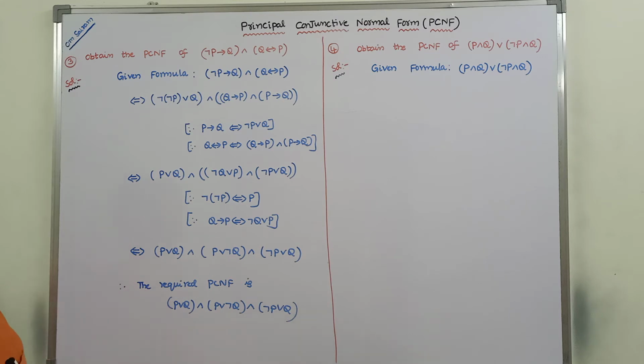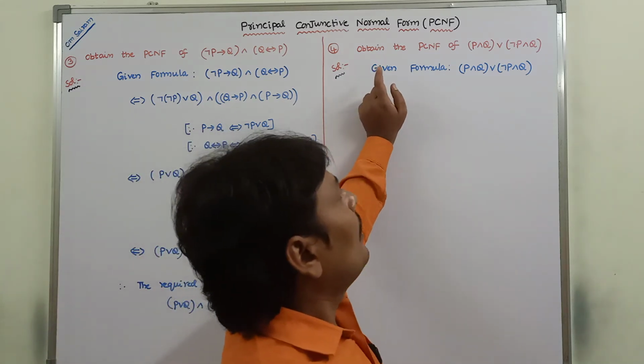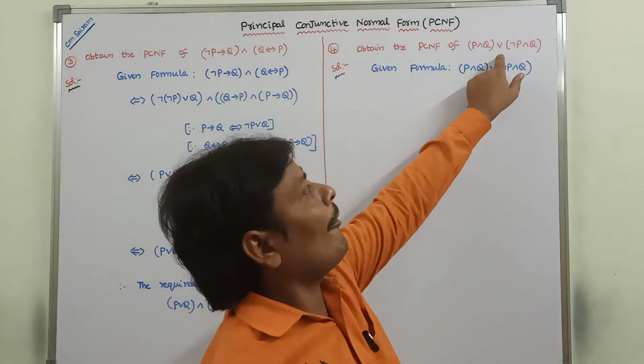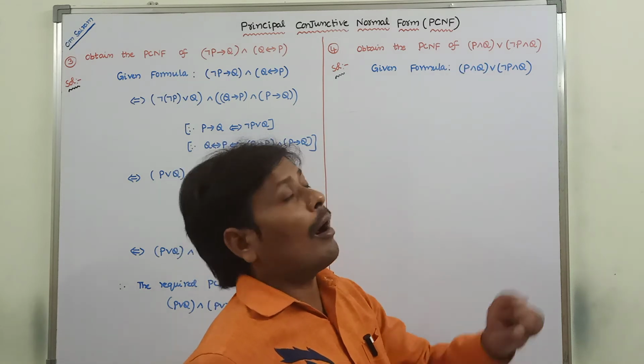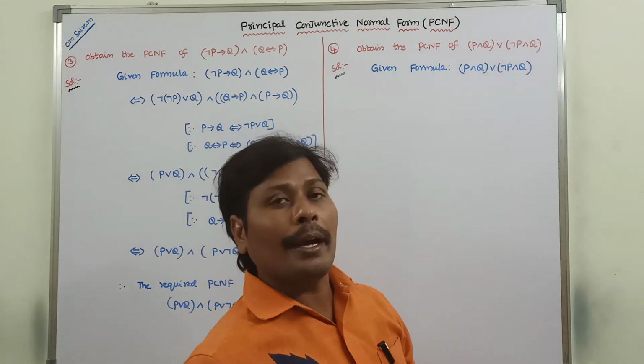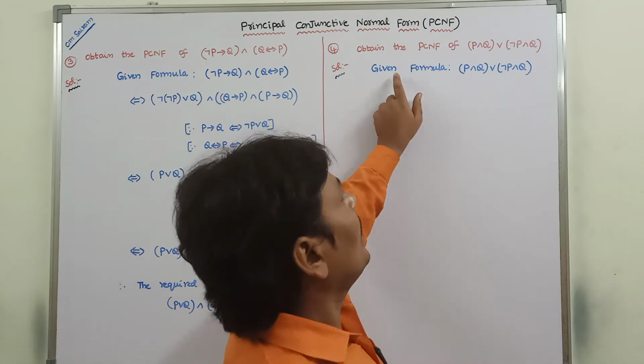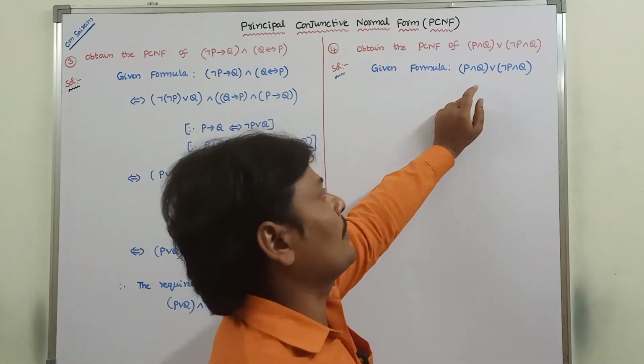Next problem: obtain the PCNF of P and Q or negation P and Q. The given formula is this one.